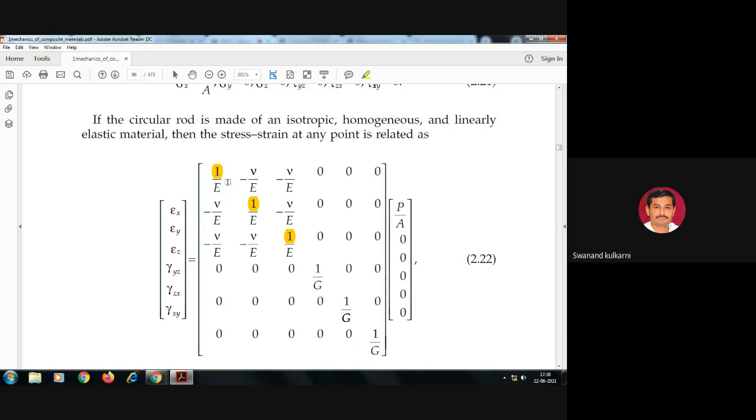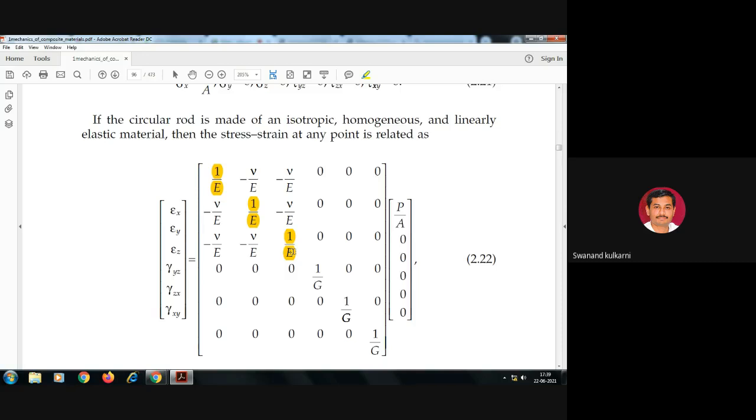These three elements which are shown here are S11, S22 and S33. So here we can understand all three are equal.